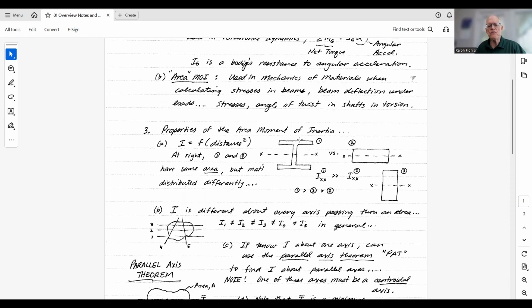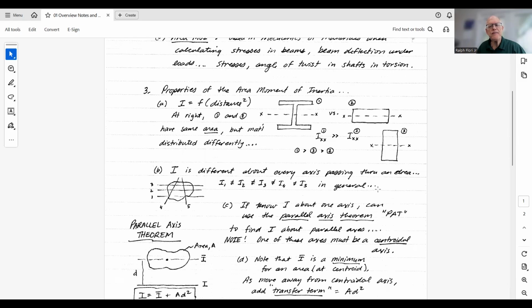Because we've moved this area a maximum distance away, its area moment of inertia about the x-x axis is larger yet than 2 and 3. And so that's the great engineering quest to achieve greater strength, greater stiffness, greater utility by using less material. Area moment of inertia is a critical way we do that.